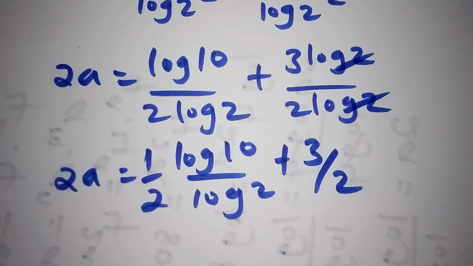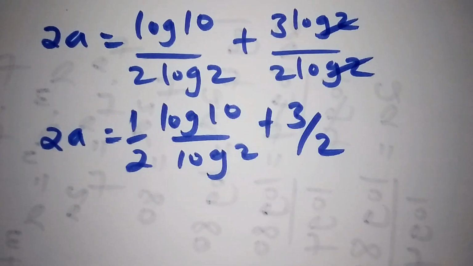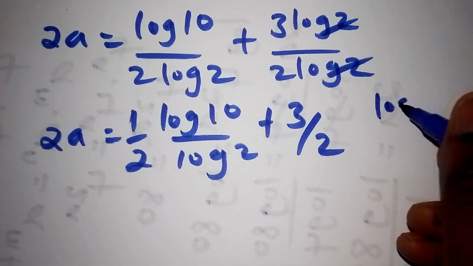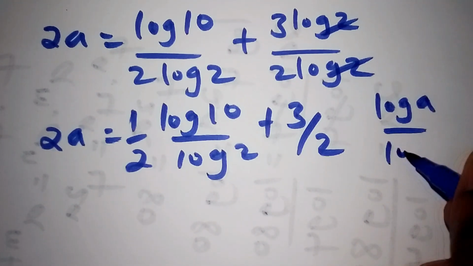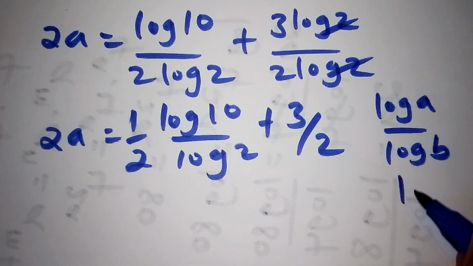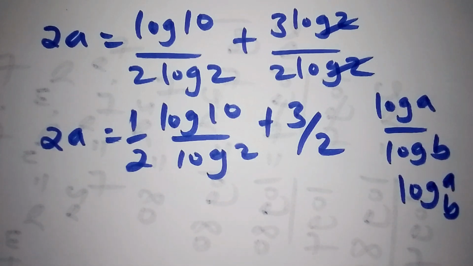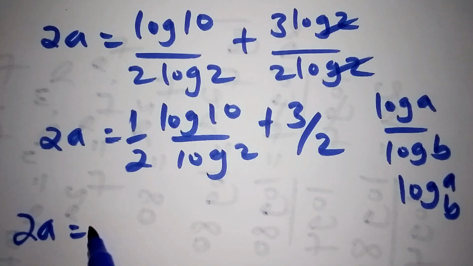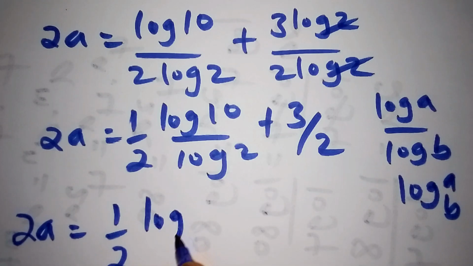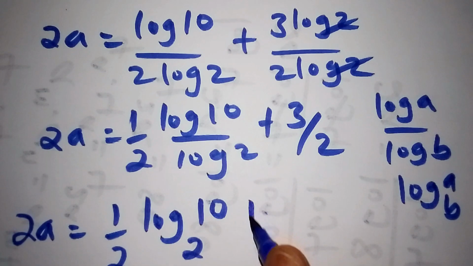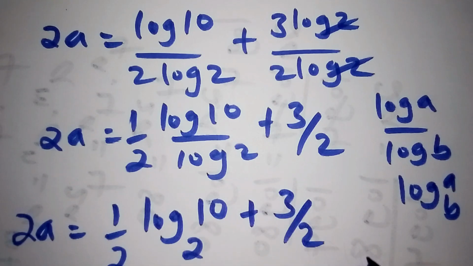So next, we all know that suppose we have the log of a all over the log of b, this can also be written as the log of a to the base of b. So now our value for 2a is equal to 1 over 2 times the log of 10 to the base of 2, plus 3 all over 2.